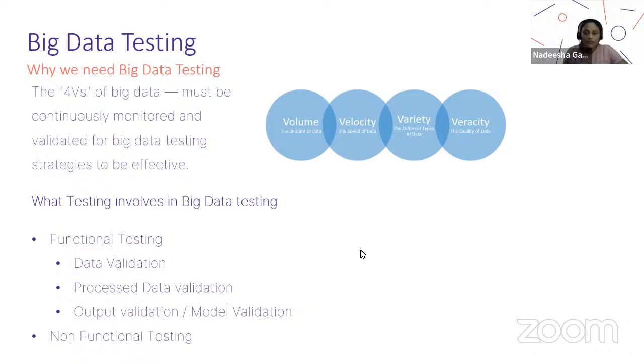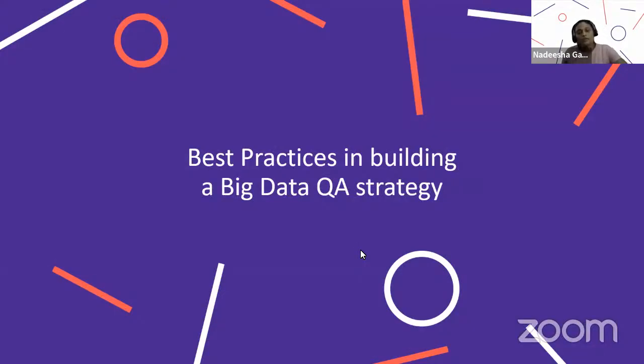Here we can verify that the data we get from the processing will output correct data to store in data warehouses without any failure. Then, after the development team develops the application, we can evaluate it using different methods which are applicable to that application. So let's see what the best practices or techniques are in building a big data QA strategy.